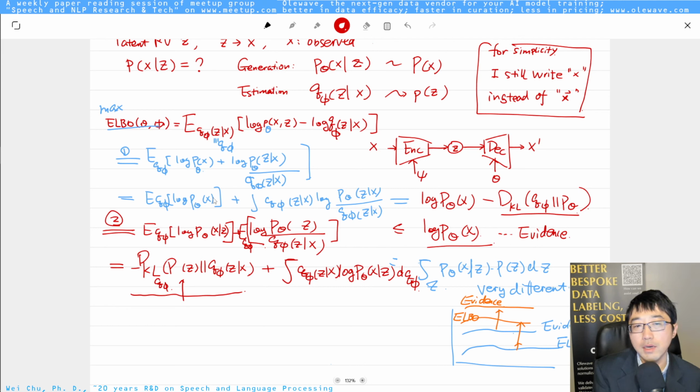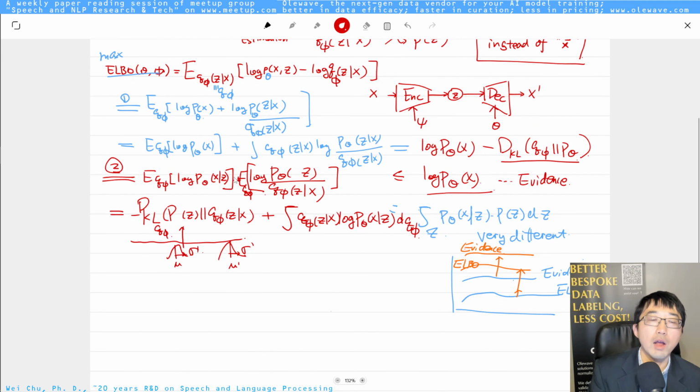So you can see, suppose p of z follows a normal distribution, and I force q phi of z given x to be another normal distribution, right? They have a mean, another mean, another standard deviation, and there's a standard equation for computing the KL divergence between these two, right?